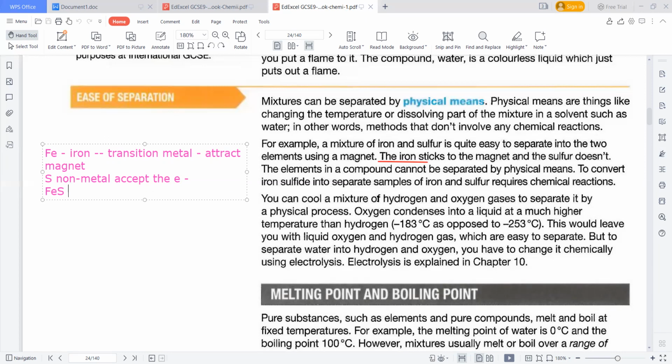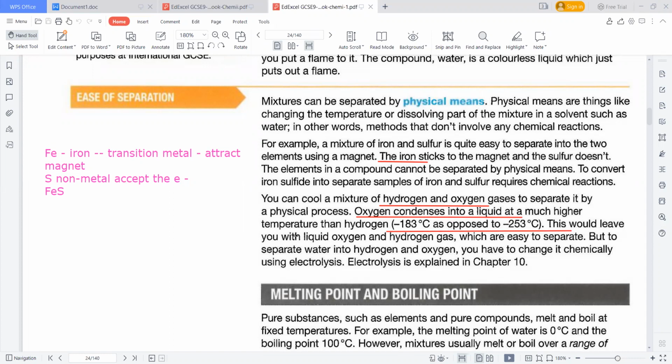Next possibility: how can you separate hydrogen and oxygen from each other? If you have a mixture of hydrogen and oxygen gases, you can separate them by physical processes. Oxygen condenses into liquid at a much higher temperature than hydrogen. Let's say its temperature is minus 183 as opposed to the one for hydrogen, which is minus 253 degrees.